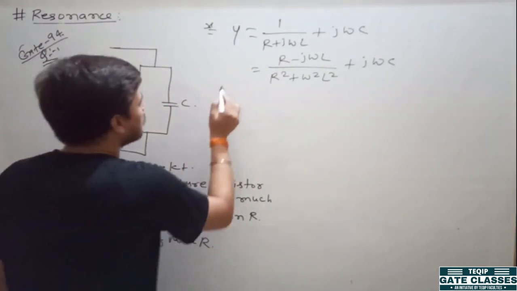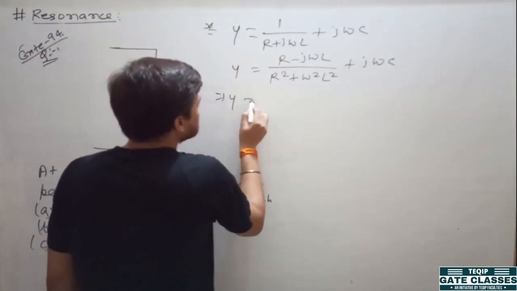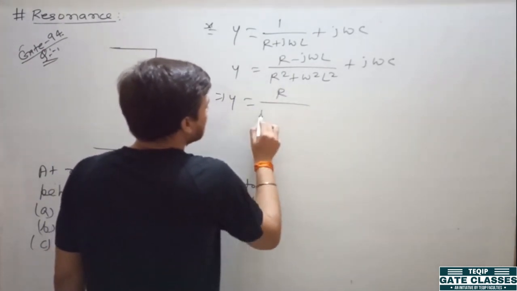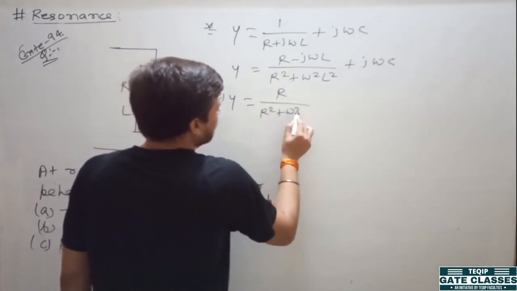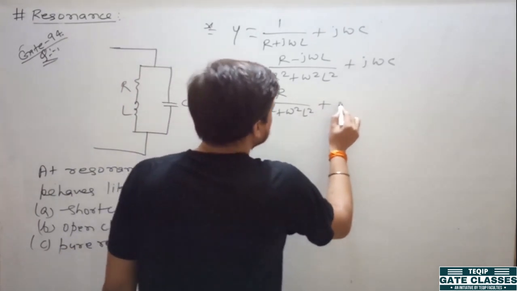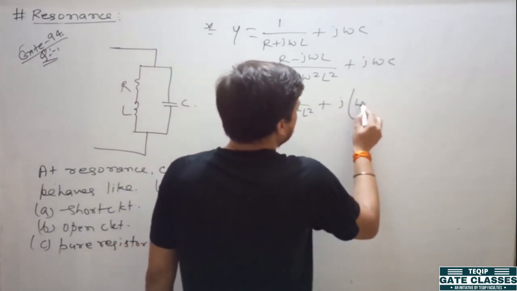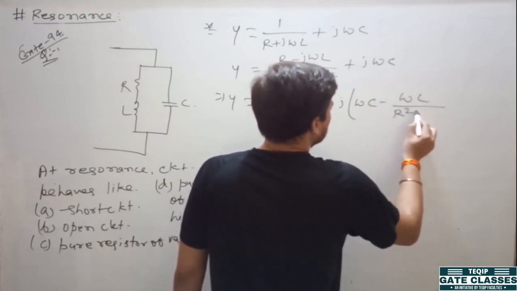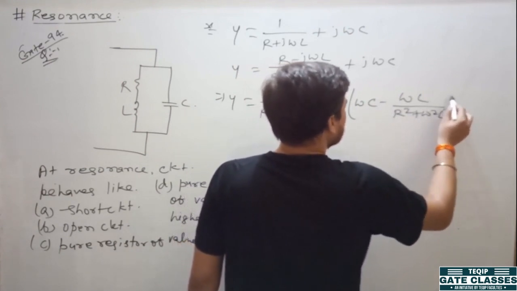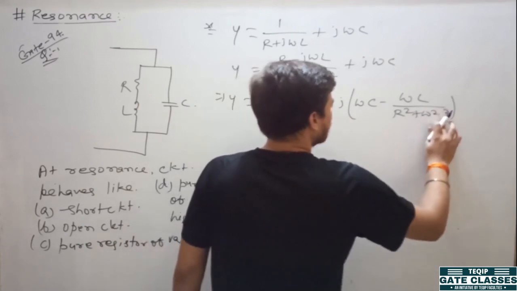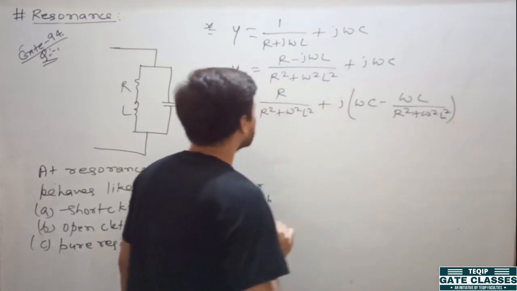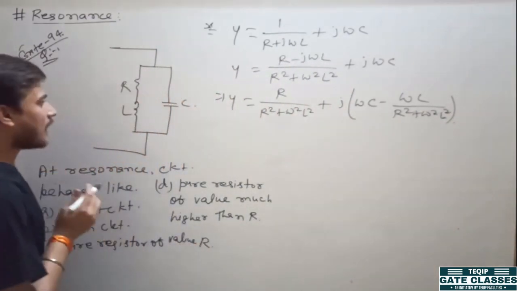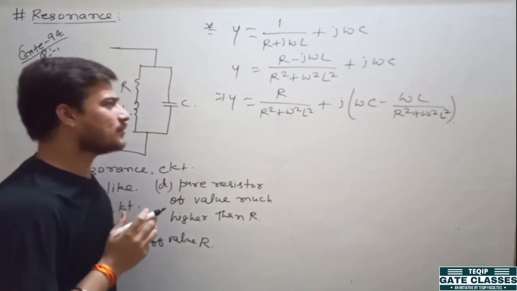Clear? So from here you get Y is equal to, separating the real and imaginary terms, R divided by R square plus omega square L square, plus j into omega C minus omega L divided by R square plus omega square L square. Clear? Now they are asking, at resonance the circuit is behaving like what.